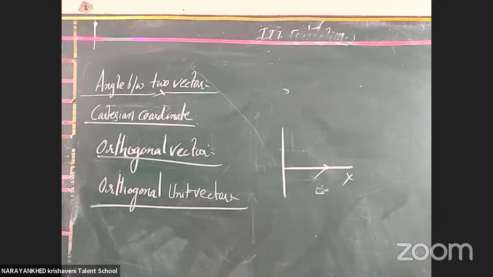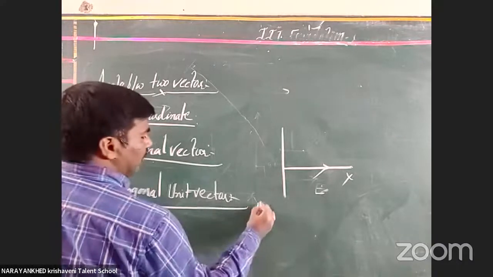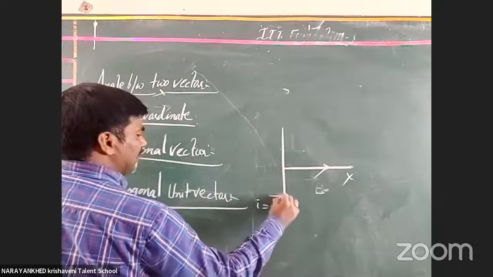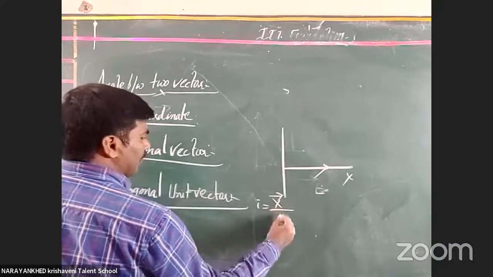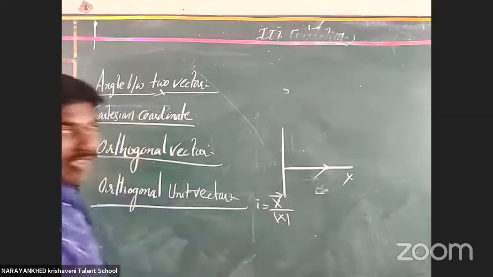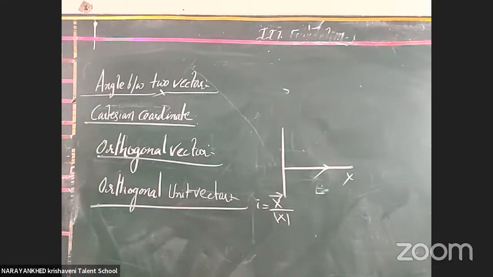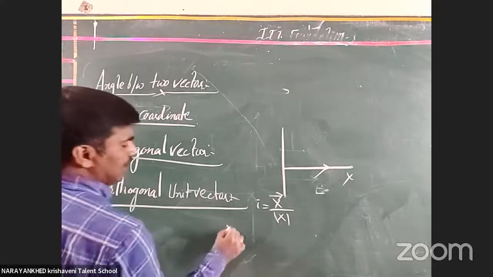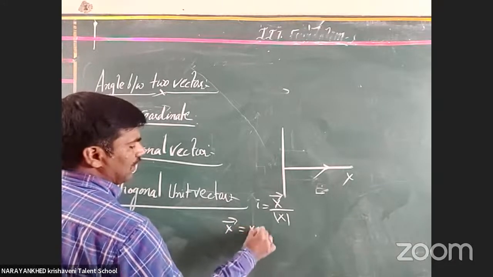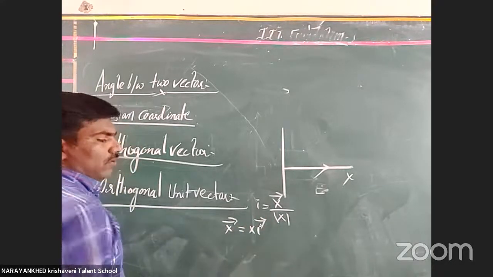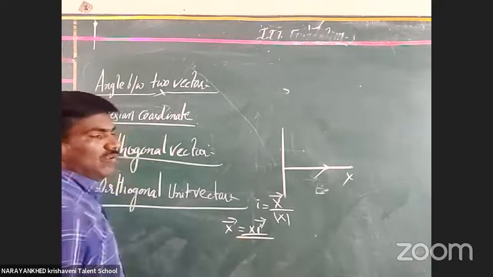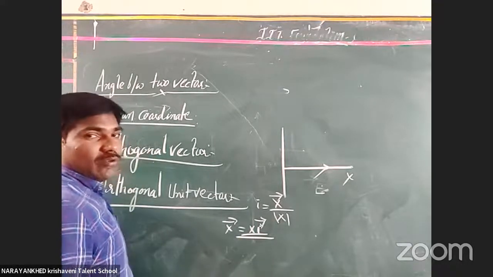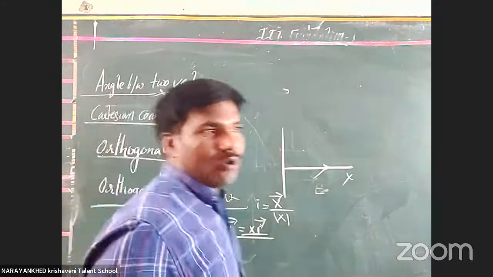Then i is taken as x bar by mod x. That indicates x bar is equal to x i bar. This is equal to the orthogonal unit vector. Understood, all of you?